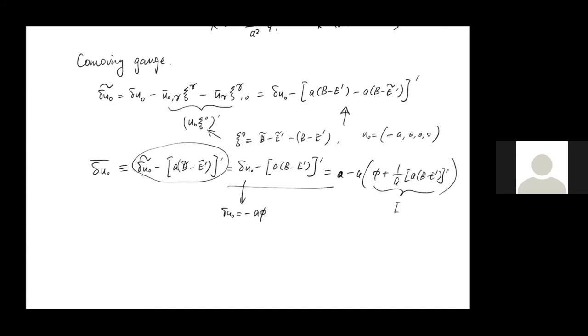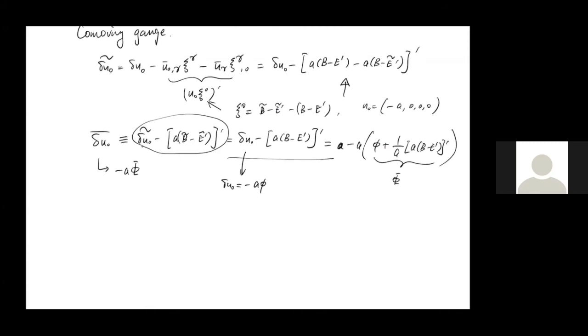And this is what we already know, the capital phi, the Newton potential in the Newtonian gauge. So this one is just minus A capital phi, as we have said, that it is not an independent degree of freedom, but it depends solely on the Newton potential.